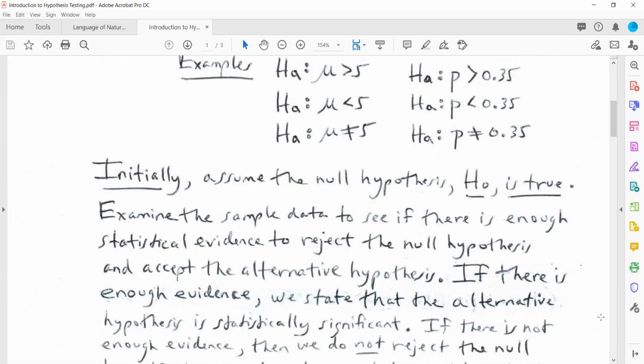We make that assumption. And what we're really trying to do is take the sample data from the one sample that we acquired and see if there's enough evidence to say, well, this null hypothesis is not really true, that the alternative is really true. We want to see if there's enough evidence for that.